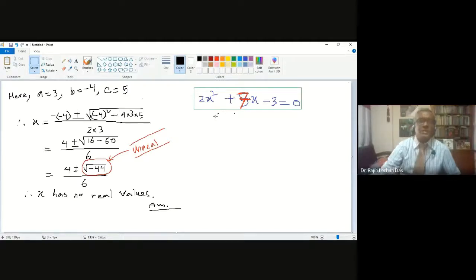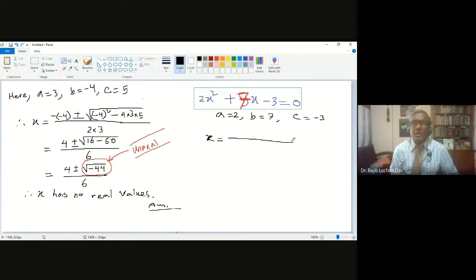In this case, A is 2, B is plus 7 and C is minus 3. Now let us use the formula x equals minus 7 plus minus root over 7 square minus 4 into 2 into minus 3, divided by 2 into A, so 2 into 2.